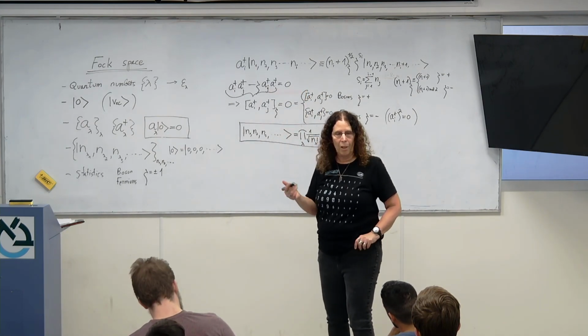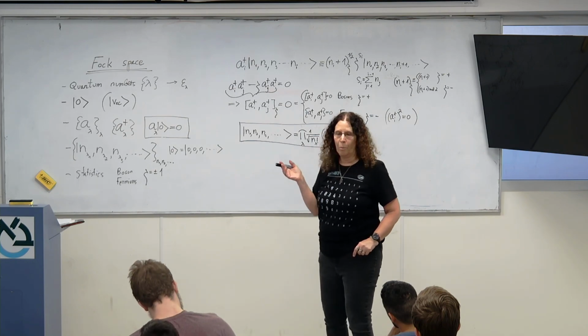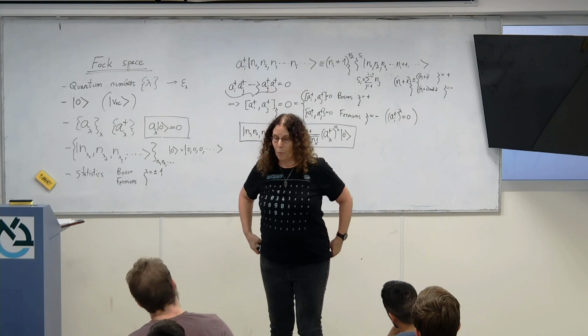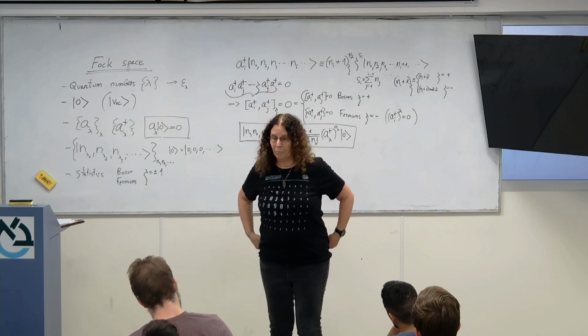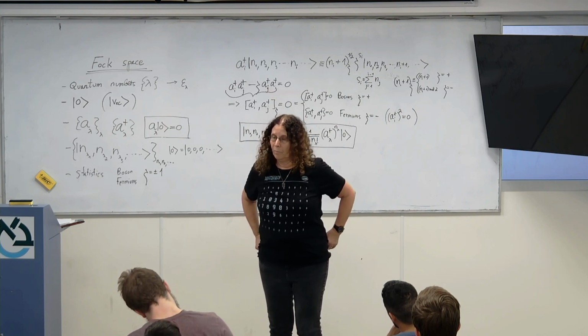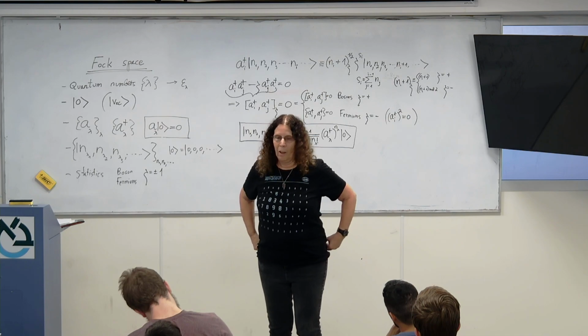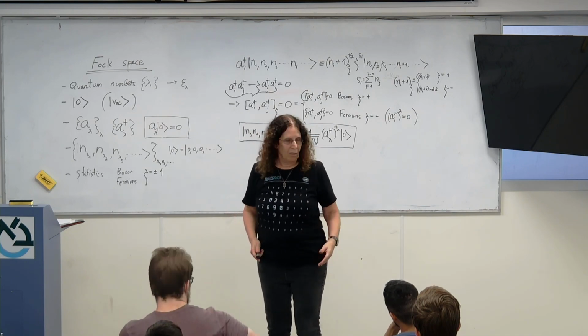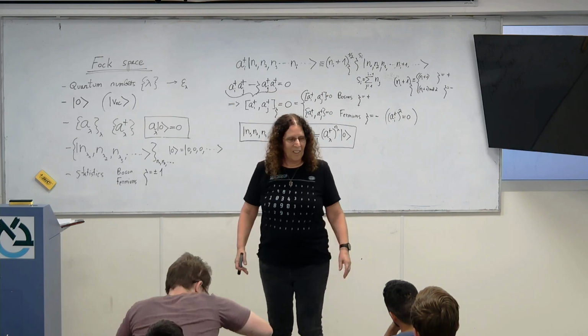How do we know that A dagger is not a Hermitian operator? Conjugate and flip the sign. A on the vacuum is 0. First of all, that's easy to see.